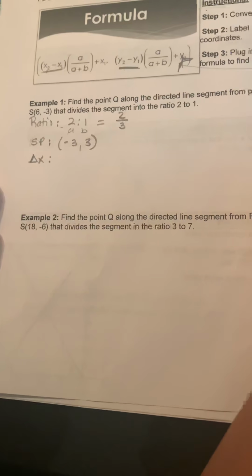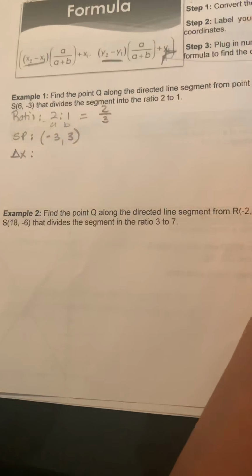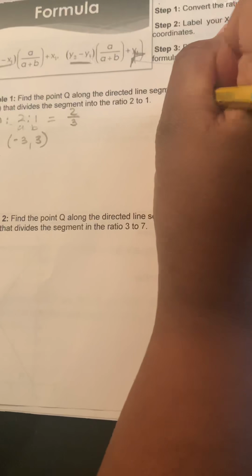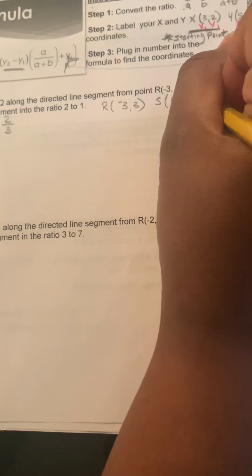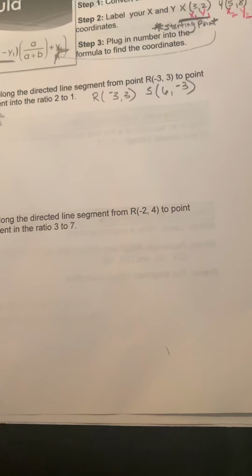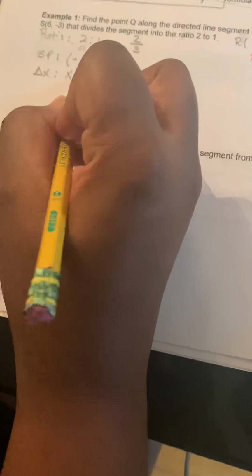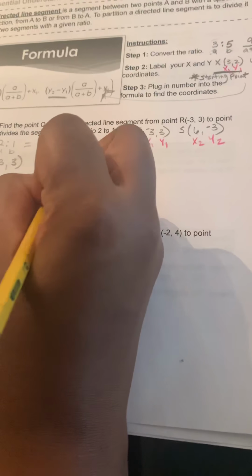That's why you need to label your coordinates. R is (-3, 3) and S is (6, -3), with x sub 1, y sub 1, x sub 2, y sub 2. My change in x is x sub 2 minus x sub 1, which is 6 minus -3, which gives me 9.